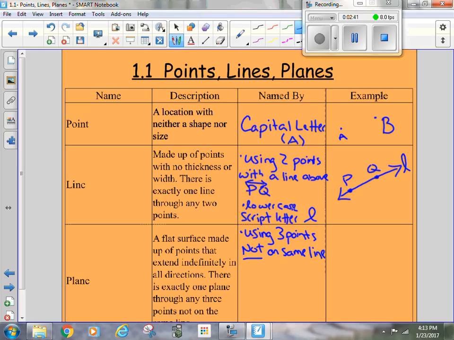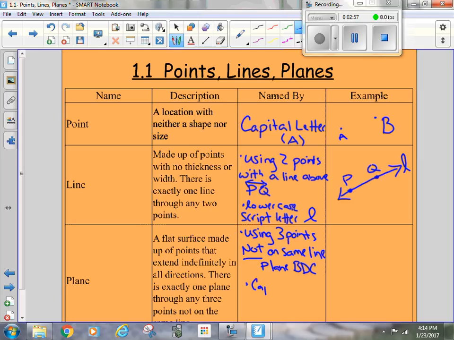So for example, plane BDC. Or you can label it in the sense that we did the line, you can label it with a capital script letter rather than a lowercase.